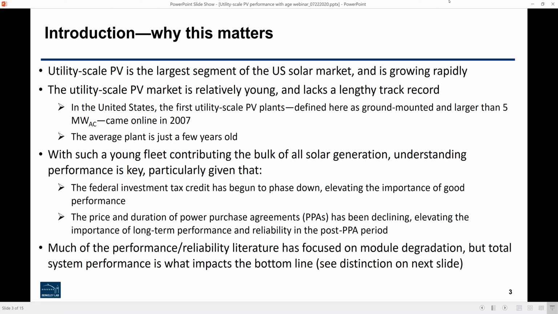Now, much of the PV performance literature to date has focused on module-level performance and degradation, and that is certainly understandable given that the module is, of course, the backbone of the system. But what truly impacts the bottom line for investors and project owners is total system performance, and that's what our work here focuses on.